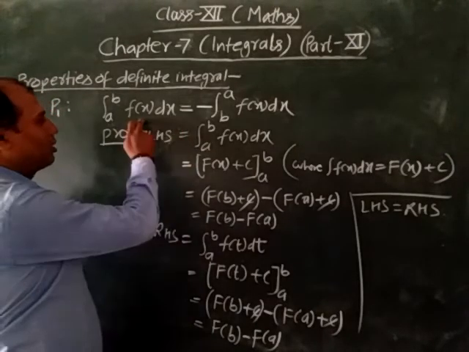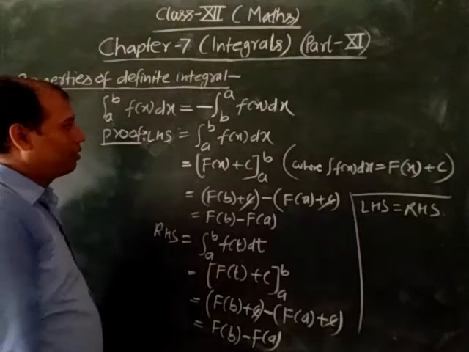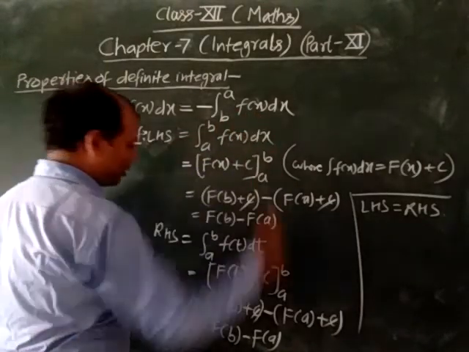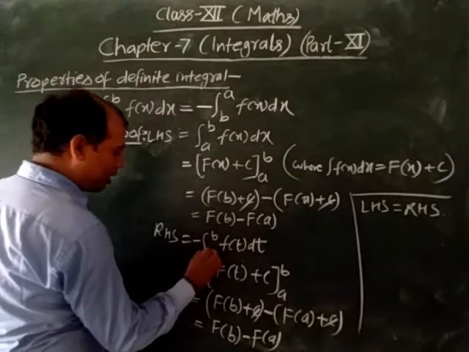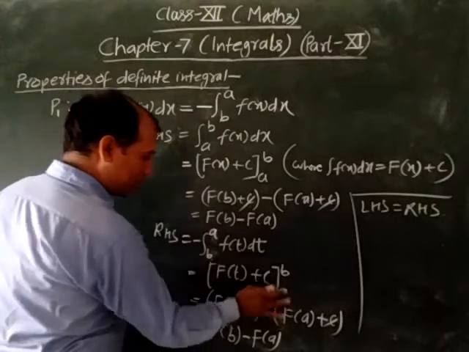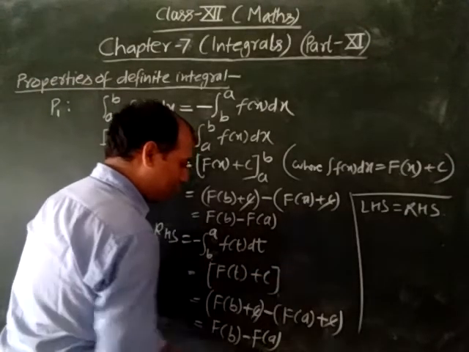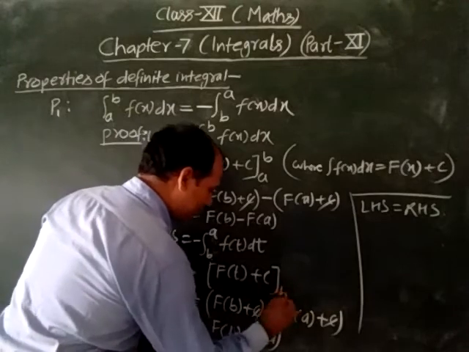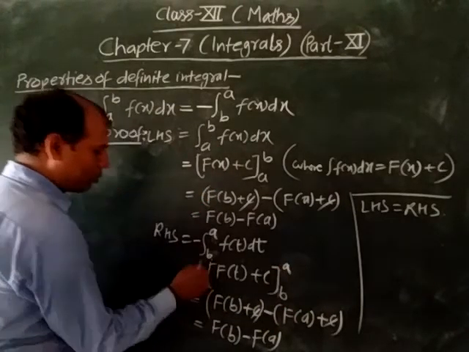LHS is taken as this, so the value of LHS is F(b) minus F(a). Now if we consider RHS, then RHS is minus integral b to a F(t) dt. So here the limits are b to a, and there is a negative sign before that.